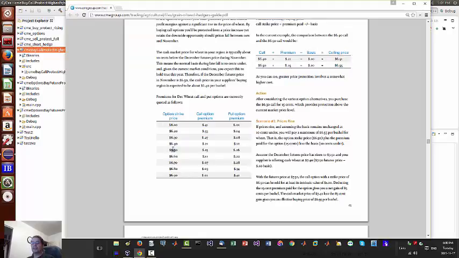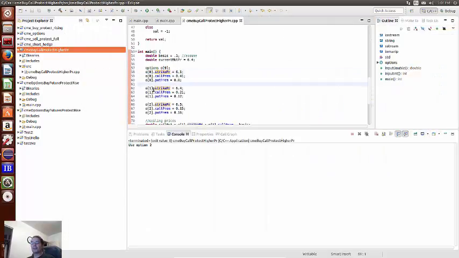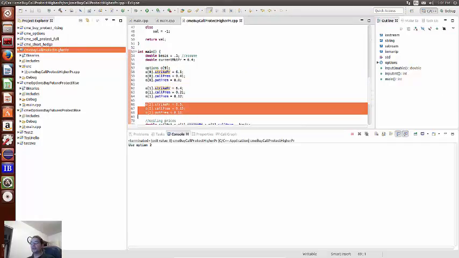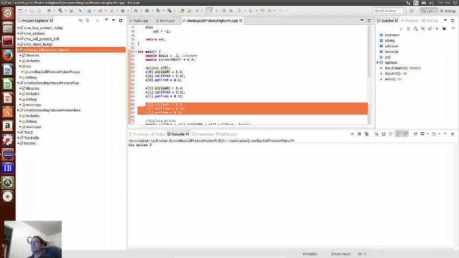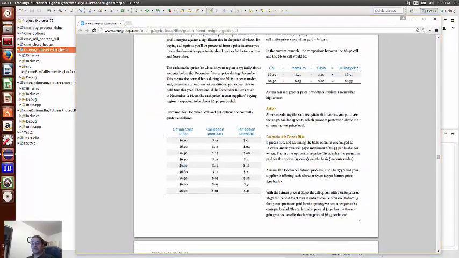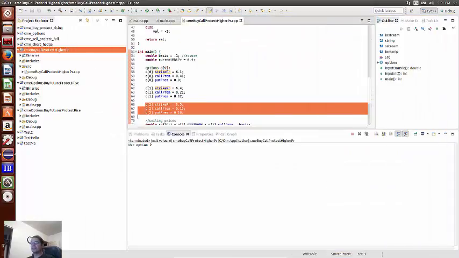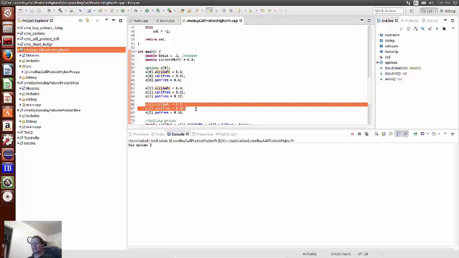But in this case, for the second, this one and this one are using the previous examples I showed you right here. So then it's 640, 650. So I'm using those the second and third elements. So we got 640, 21 premium, put premium 12. It's the same for the third option.